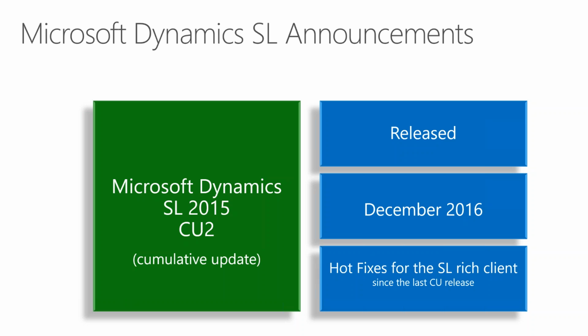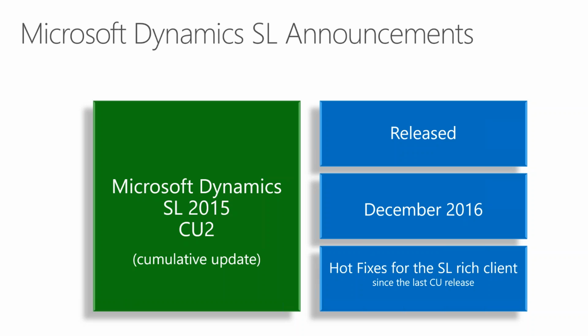So the benefit of that is that if you're on, maybe plain vanilla 2015 and you want to make sure you've got the latest and greatest, you can work with your partner to deploy CU2 over top of the existing. Now, what this release is, again, it's hotfixes. It's all based on your rich client experience. So this is nothing to do with web apps. This is standard SL rich client installation that you have, the full client, whatever you might happen to call it at your company.